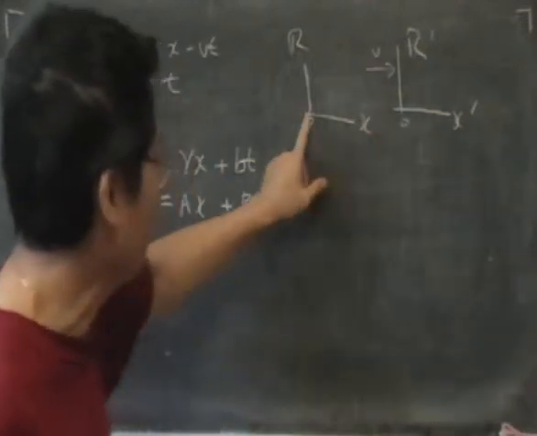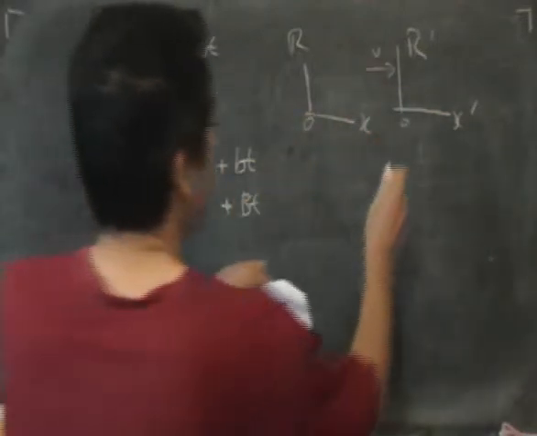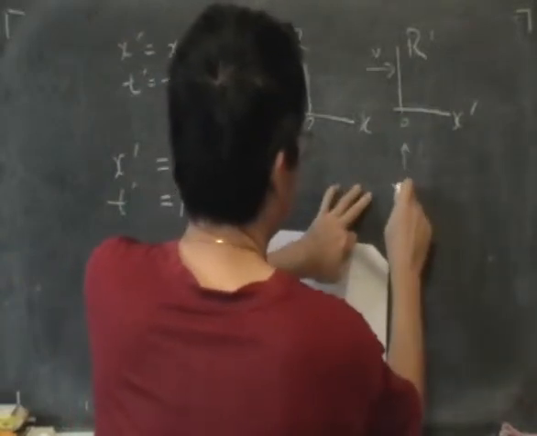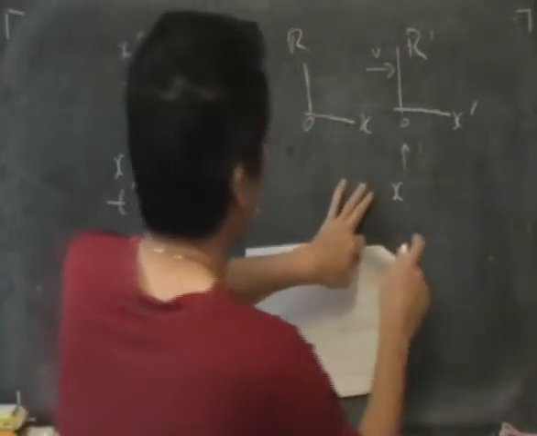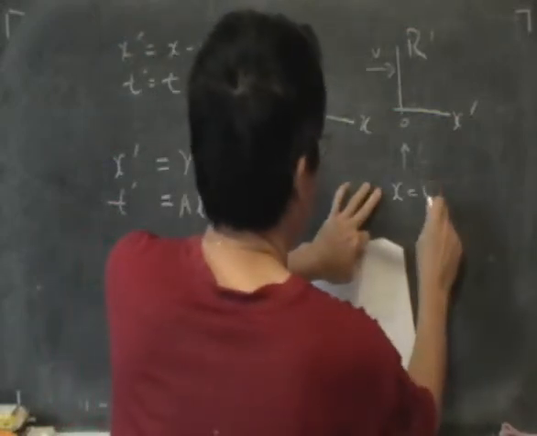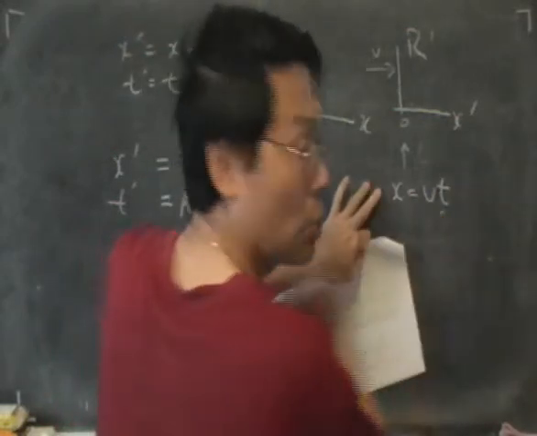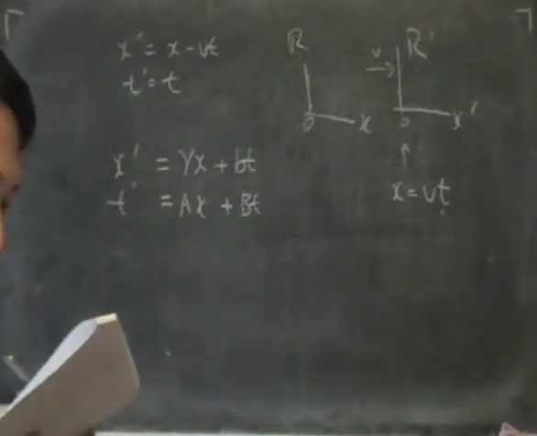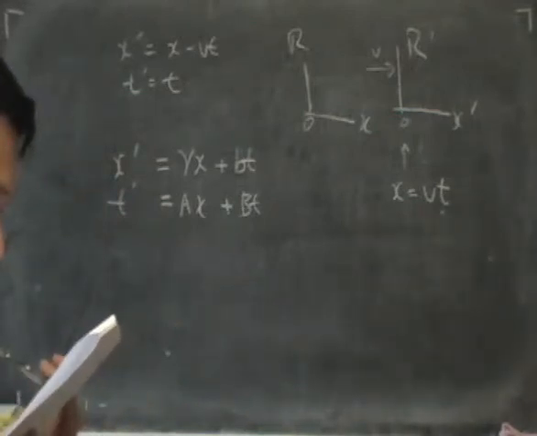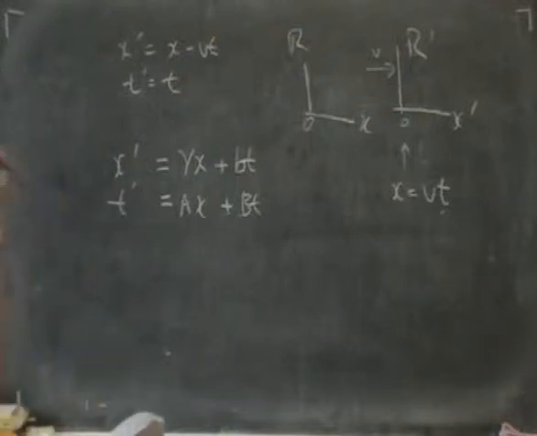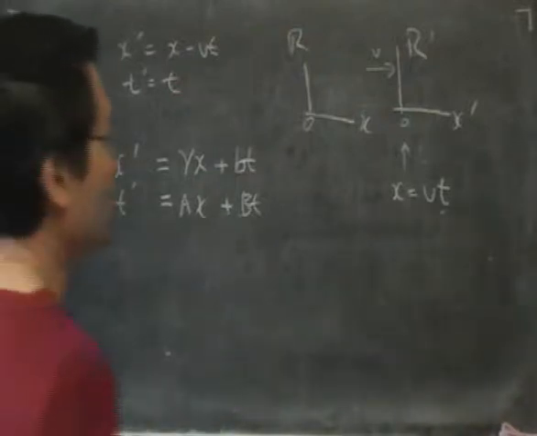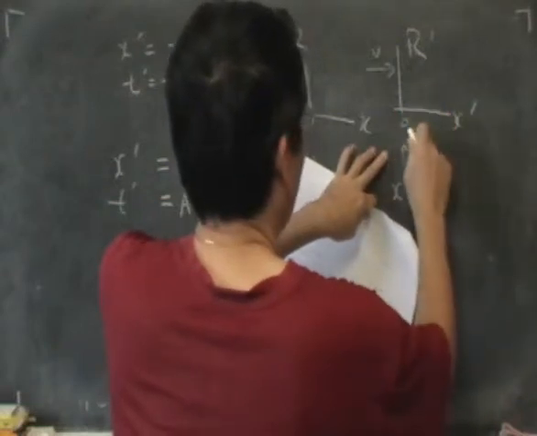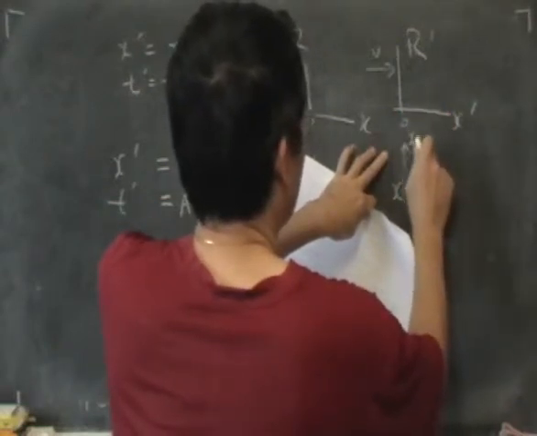And because it started at his origin, he would think that the coordinate of that origin is x in his own coordinate equals v times t, his own time. Alright, and this is when he is focusing on this origin where x prime is 0.